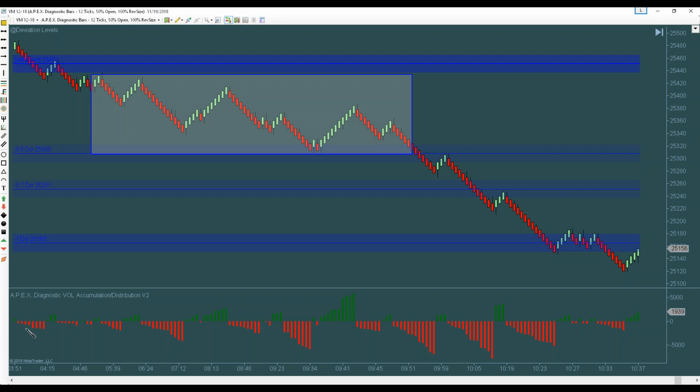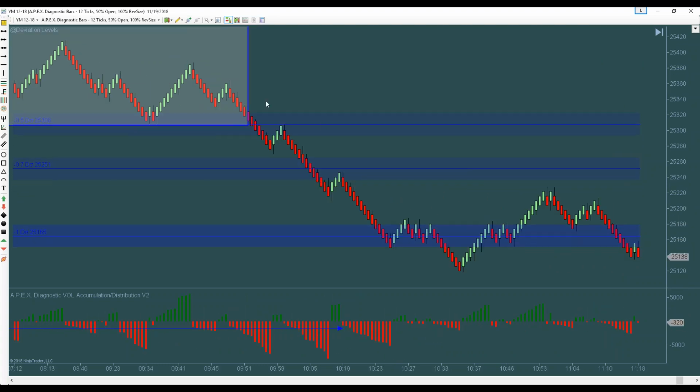Oh, but wait a minute. The volume's kind of in this area, but wait a minute, we start seeing volume breaking the previous volumes, getting bigger and bigger with momentum down to the short side as it's breaking out of the box. And then what happens? It bursts out, and a few other tools.